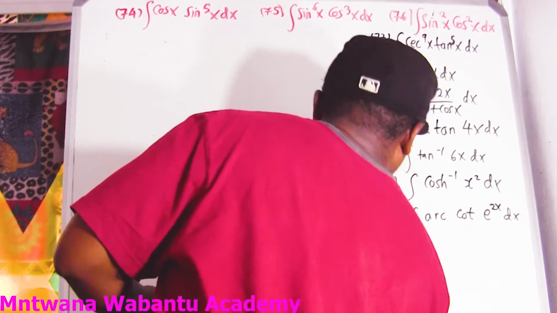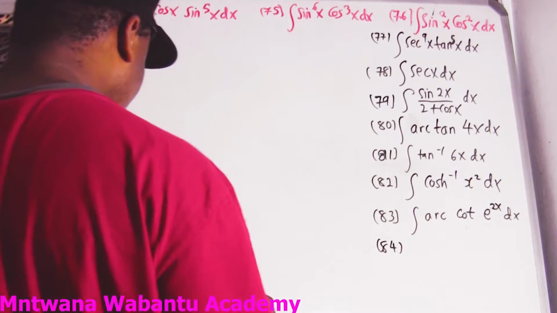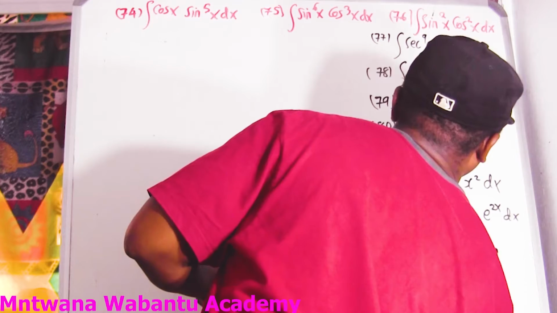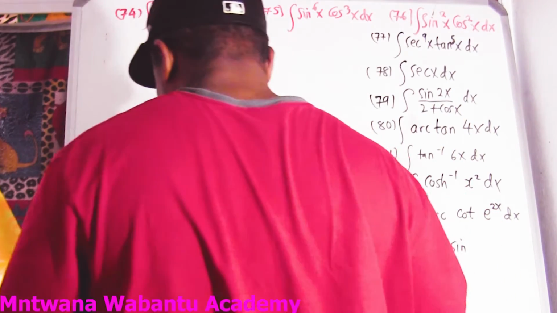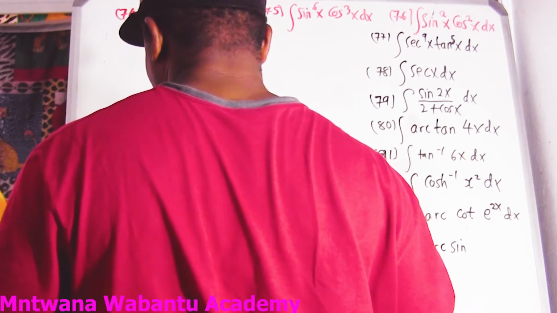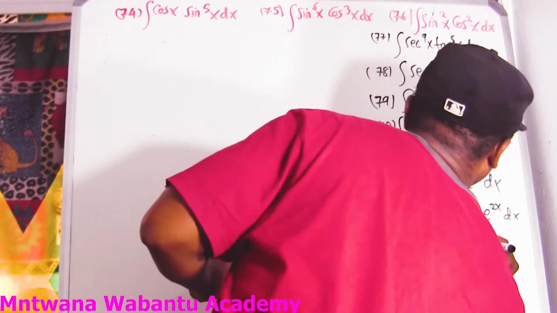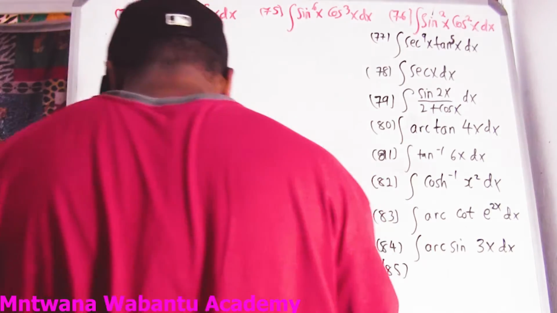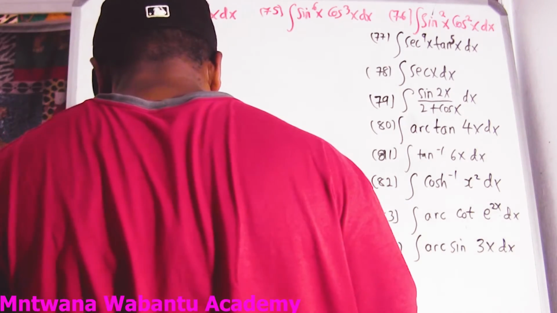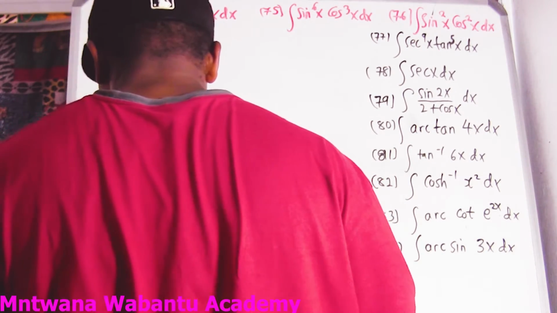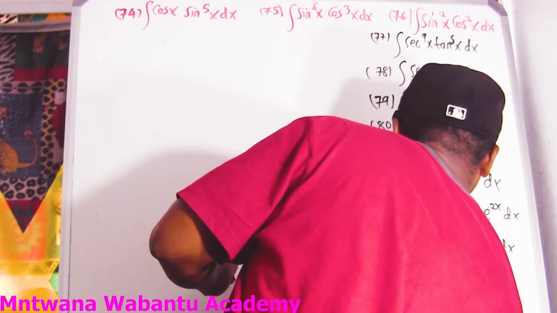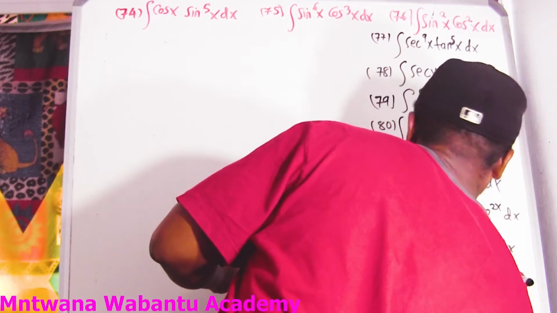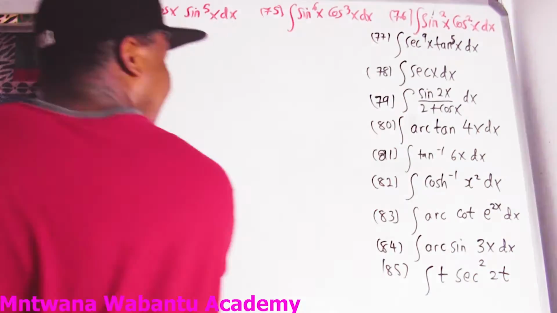Okay, 84, arc sine 3x. Okay, 85, integral of t sec squared 2t.